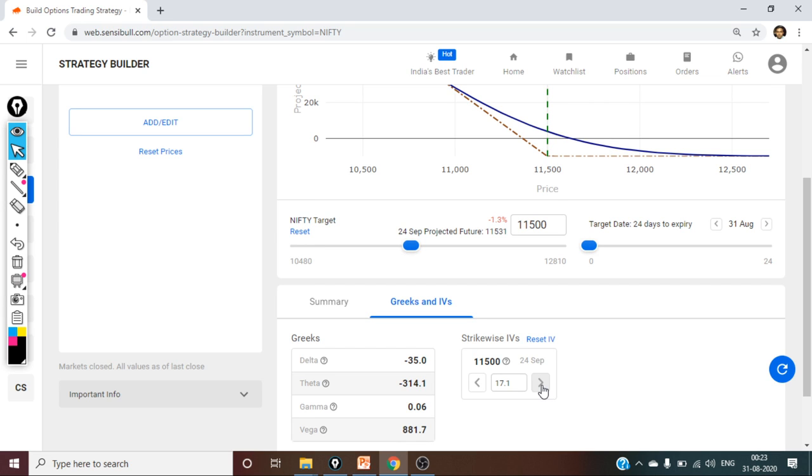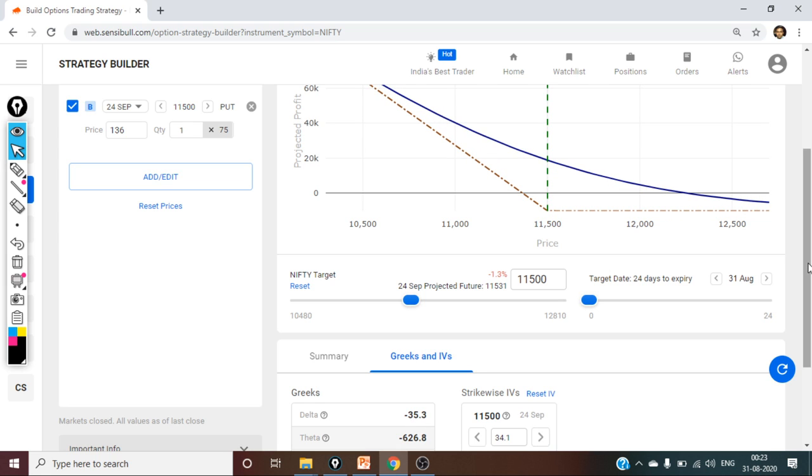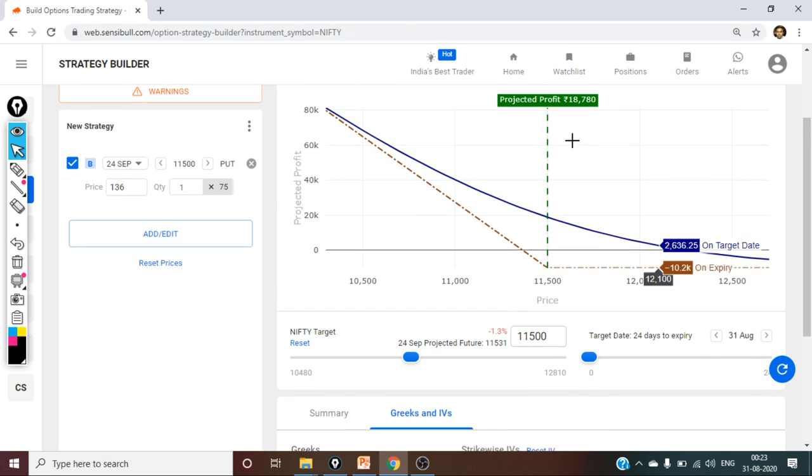The VIX is rising. You can see with the rising implied volatility, you can make money even if the stock does not move anywhere. Let's say you buy when the IV was 17, and after your purchase that IV rises to 34. That is a massive rise. You can see even if the stock does not move anywhere, you make about 18,000 rupees.